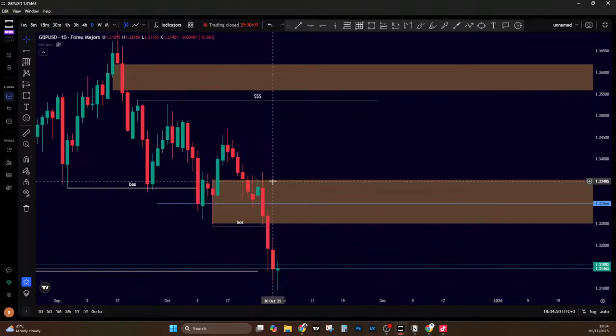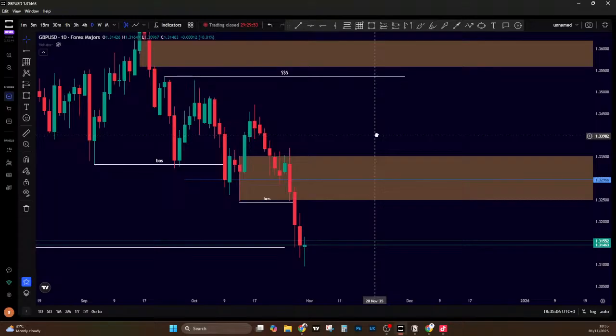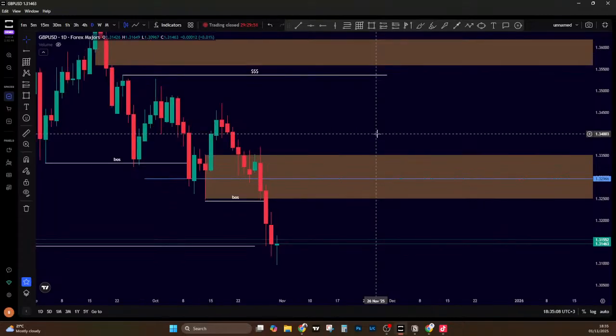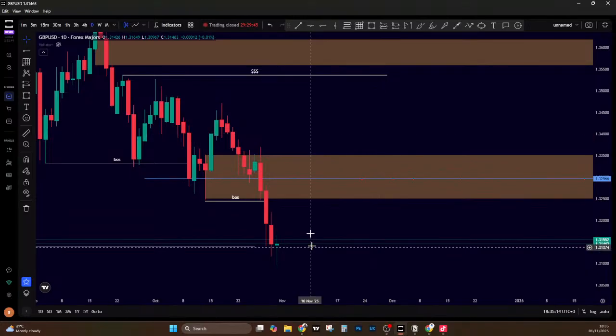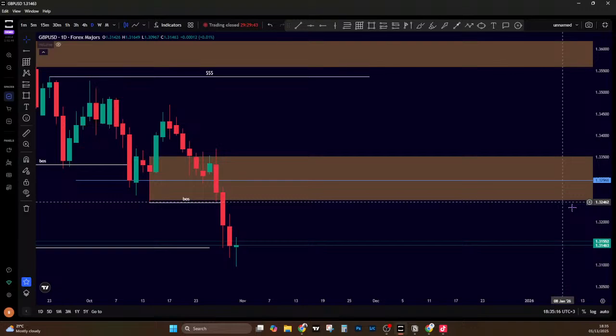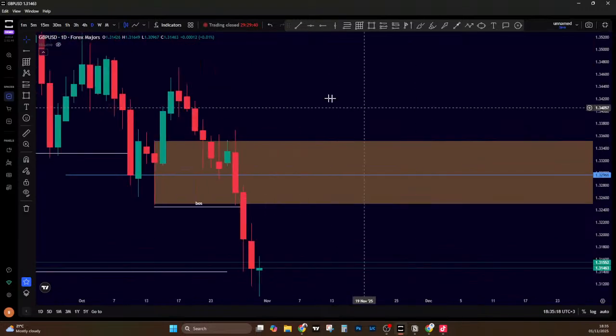If the market goes past this area here, because this is what took less liquidity, I will only look for a sell opportunity after the market takes all this liquidity here. But since the market has signified that we are supposed to be selling, I will refine my entry to around this area.